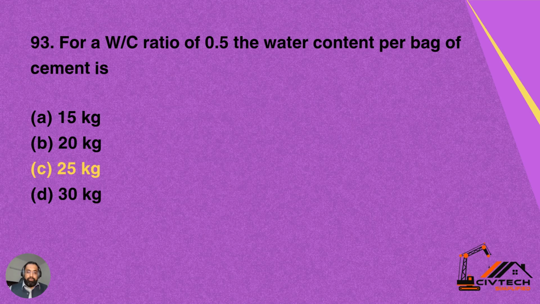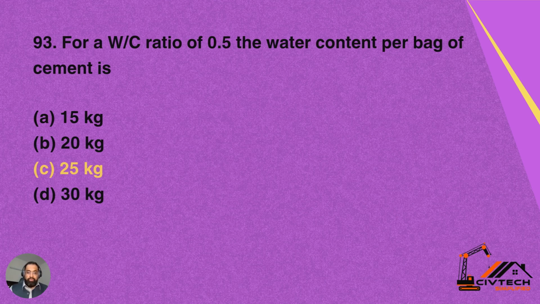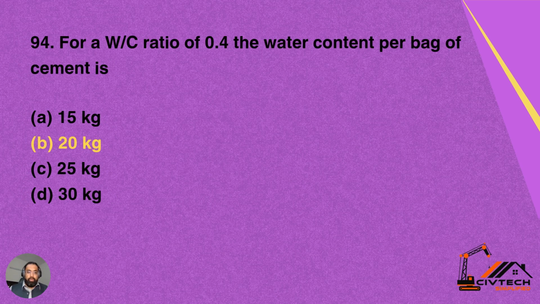Question 93. For a water cement ratio of 0.5, the water content per bag of cement is option A 15, option B is 20, option C is 25, option D is 30 kg. So C is the correct answer for this question, which is 25 kg.